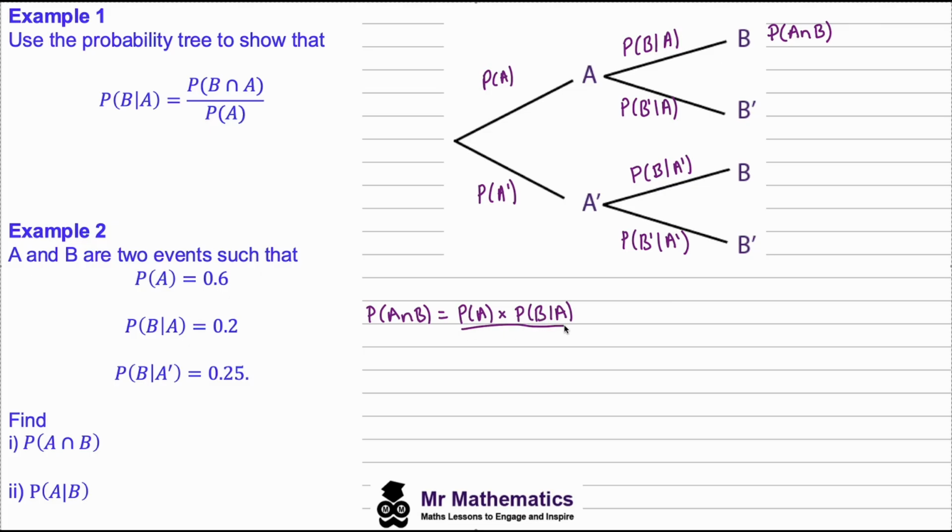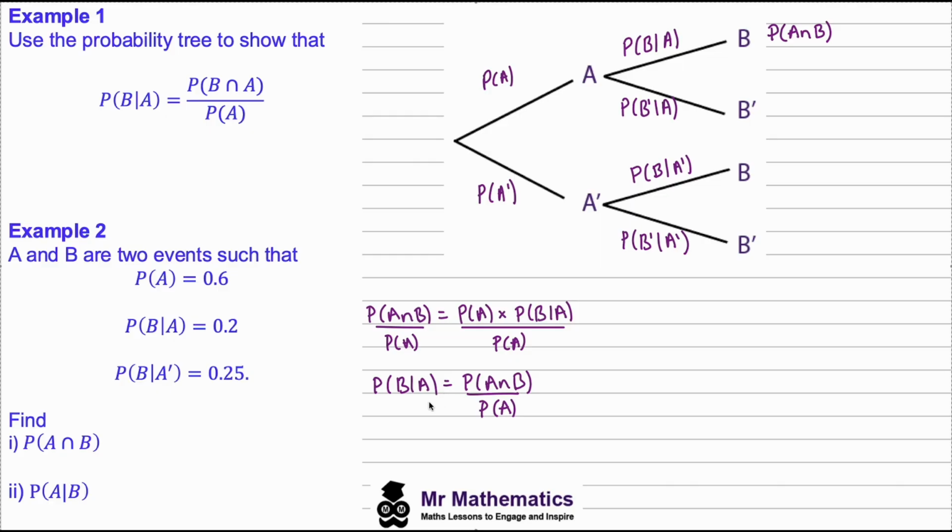If we divide both sides by the probability of A, these two will cancel. So the probability of B given A, this term here, will be the probability of A intersecting with B divided by the probability of A. Okay? So this is where the equation comes from.